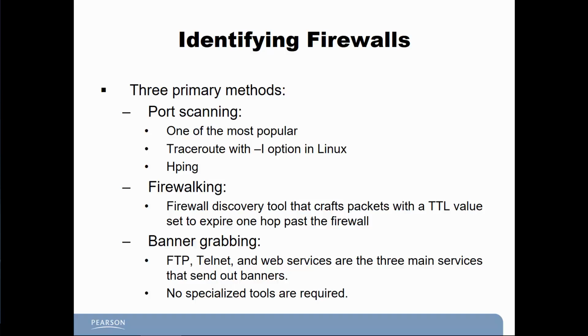Banner grabbing will try to connect to certain services using a specific port. It could start off legitimately, but they actually try to grab the banner, so you can see what information you can pull from it. All firewalls have unique characteristics to their model and brand, so if you know those characteristics, you can know what type of firewall you're dealing with. So that's an example.